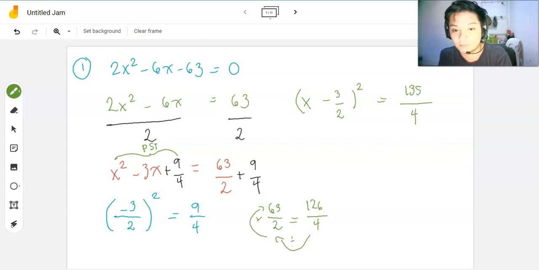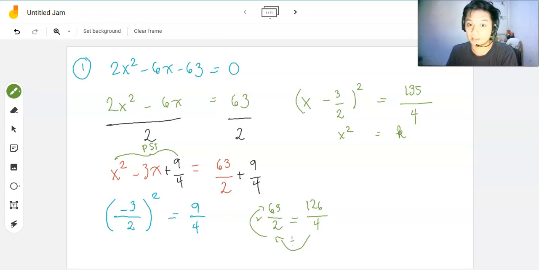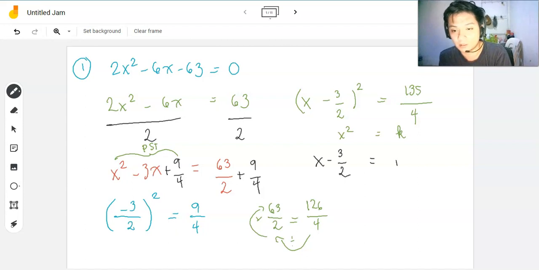Again, this is of the form x squared equals k, where x here represents a binomial. Okay, so pwede natin applyan din yan ng, call that extracting square roots. Okay, where we have to apply naman square root property. So, what do we write? So, we have x minus 3 over 2 equals positive or negative square root of 135 over 4.